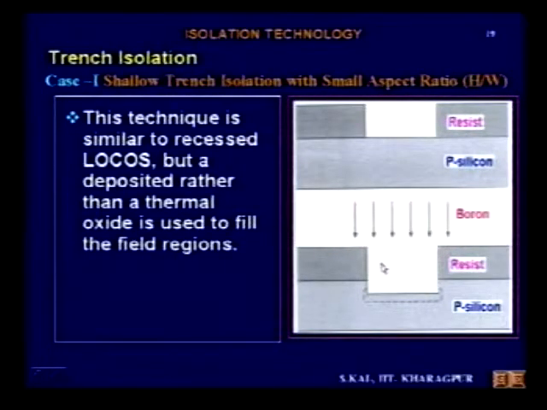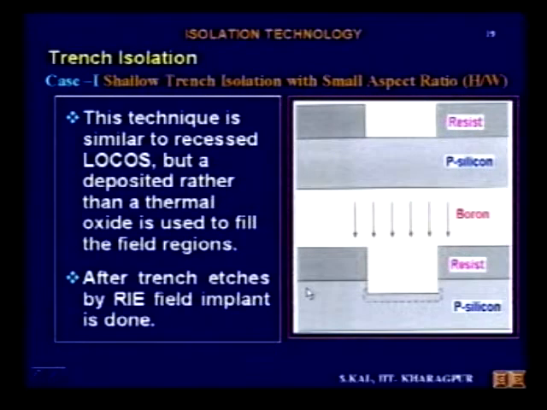In the LOCOS, what you do, you grow the oxide locally using thermal technique. But in case of this shallow trench isolation, you fill the trench with silicon dioxide. That is the difference. After trench etch by RIE, field implant is done.